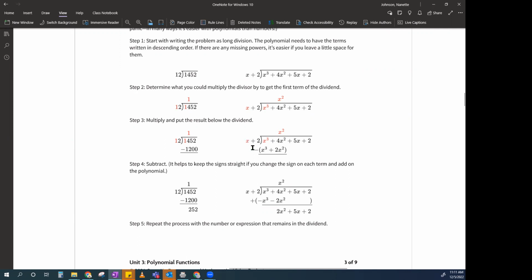So this comes from x squared times x plus 2. You're just taking this and distributing it here, which is basically what you did here. How did you get this 1,200? That's really what you're asking. Does that make sense now?